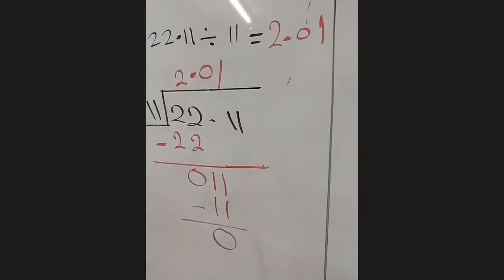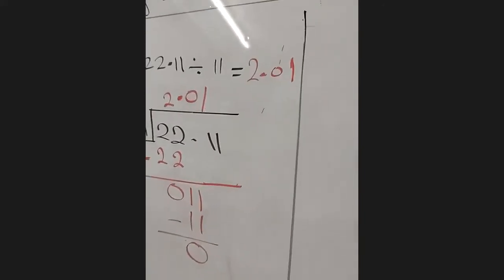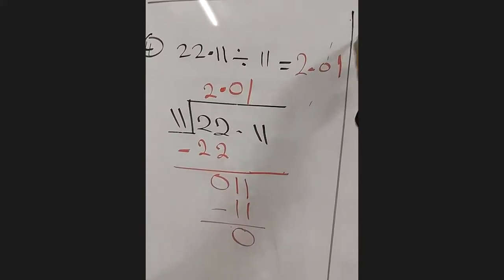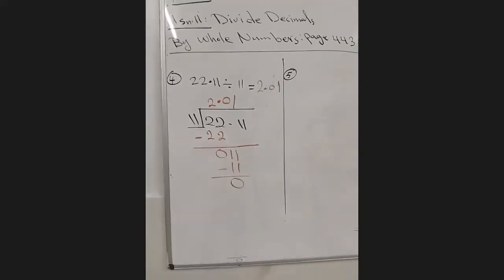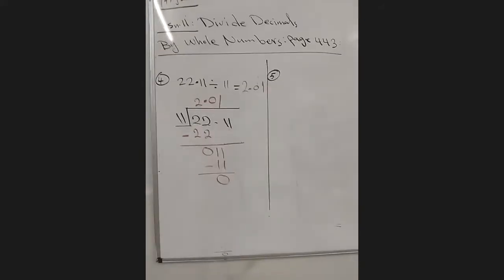Copy it, please. Now we'll move to question 5. Don't forget the 0 in the quotient, guys. Don't forget that. Question 5 with Zaid.